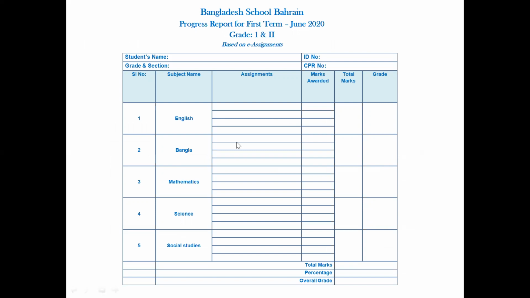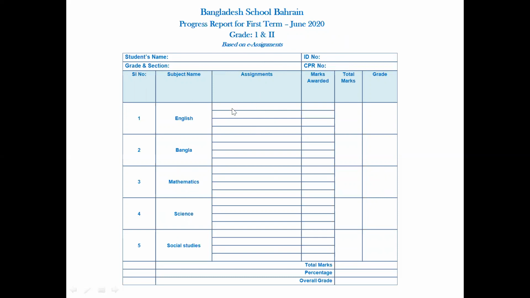So in this progress report, as you can see, this is for grade 1 and 2 for the first term of June 2020, based on e-assignments alone. You have to write the student's name, their ID number, grade and section, CPR number, and here you have the subject name. And here I have mentioned the assignments.